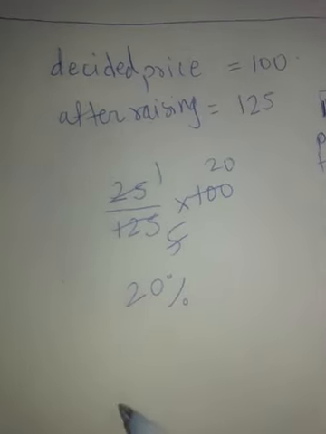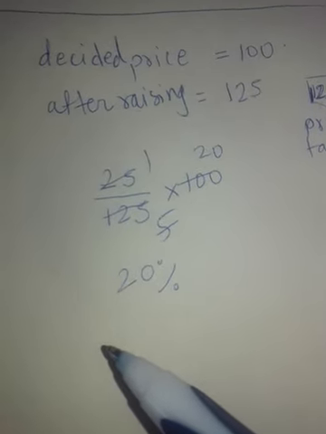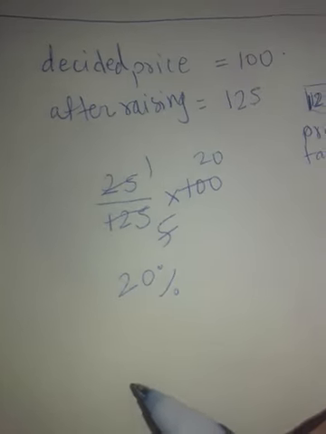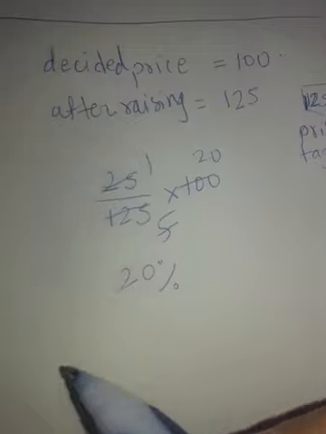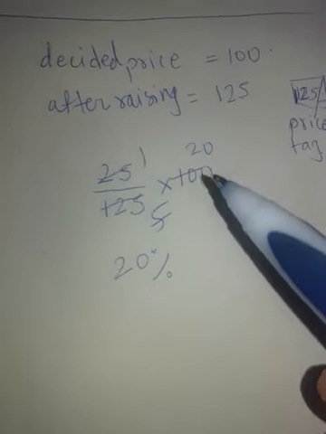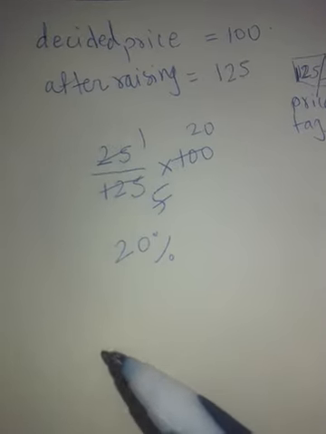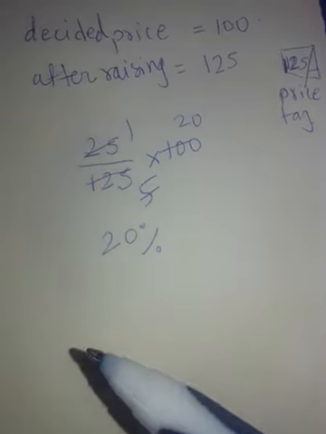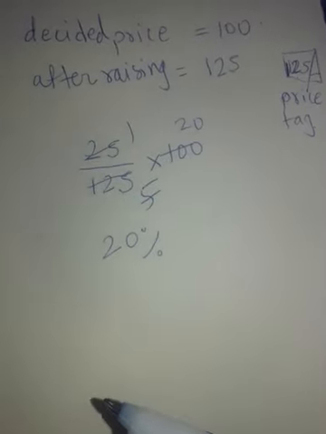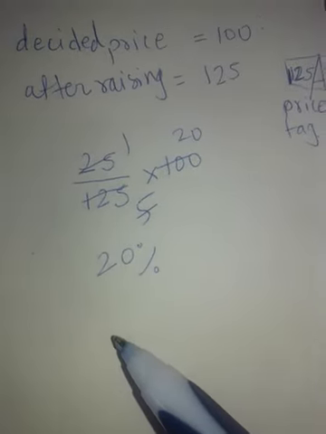But in the next 2 topics I am going to cover finding square root and cube root fast, because you need it in reasoning. In reasoning, some 4 or 5 numbers are given and you need to find the successive number or the odd man out. Those types of questions are there. So finding square root and cube root fast always helps, and there are also some fast multiplication tricks. So in the next few videos I am going to cover that.